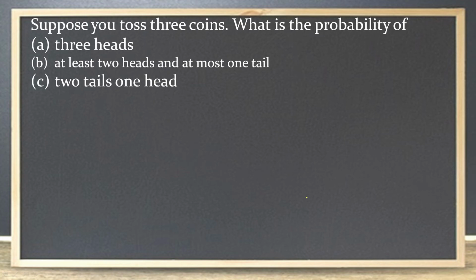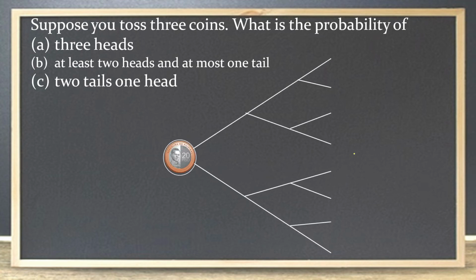Okay, so let us do our tree diagram. We have the coin and we draw our tree diagram. At each intersection of these branches, we will have either a head or a tail. When 3 coins are tossed, the first coin will definitely have a head or a tail appearing.